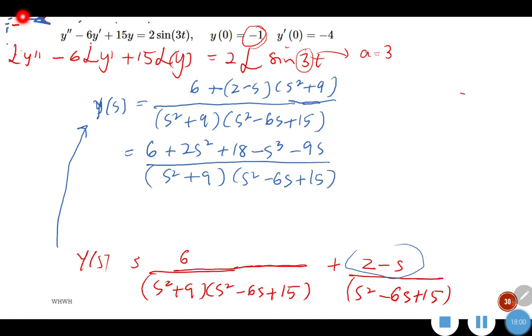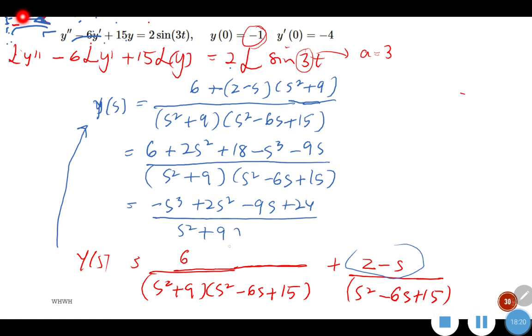And from here you will get minus s cube plus 2s square minus 9s plus 24 over s square plus 9 multiplied with s square minus 6s plus 15.